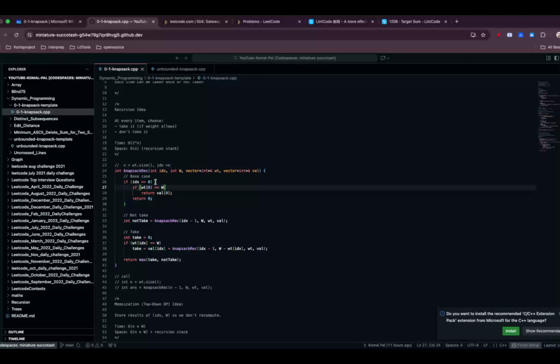So the base case directly turns out to be index equals 0, that is, we have reached the other end of the array. If that is the case, we check whether weight of 0 is less than or equal to the total weight, then we return value of 0, the product value of that particular weight. Else we return 0.